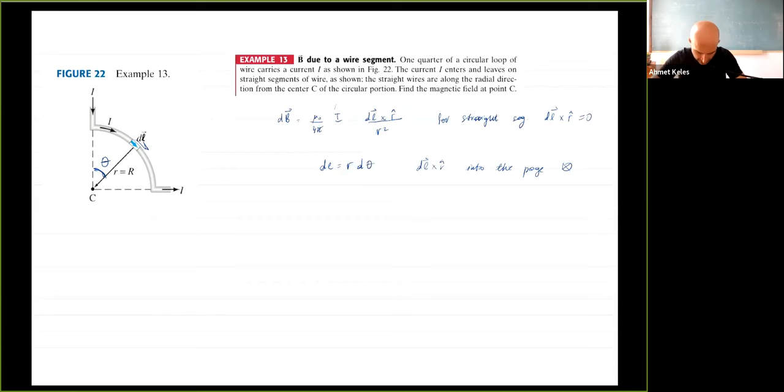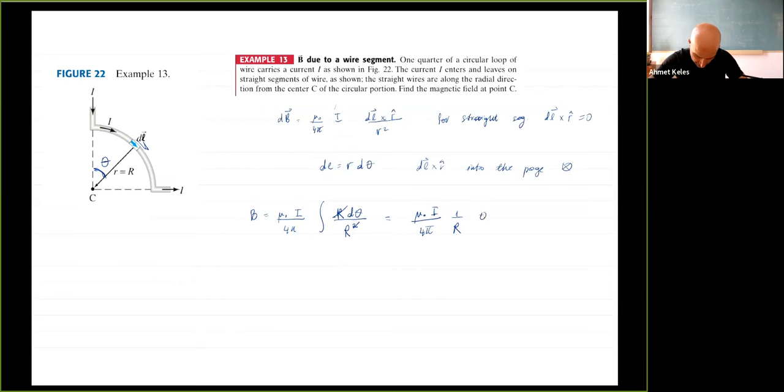So now integrate. So B is, let's take out constants like this. And this is 4 pi. So this is r d theta. This is actually bigger R. And this is also R, but it is squared. So this thing is mu0 I divided by 4 pi, 1 over R. Oh, I need to put the integral.